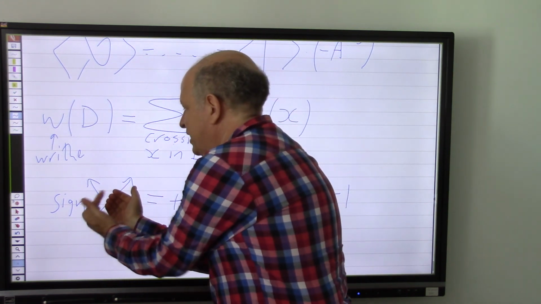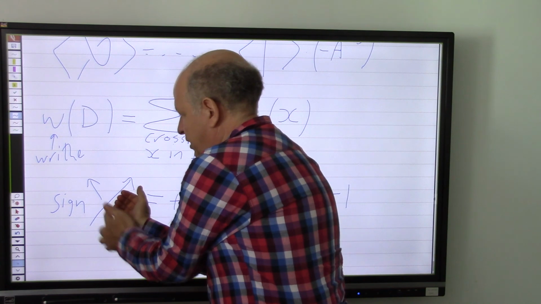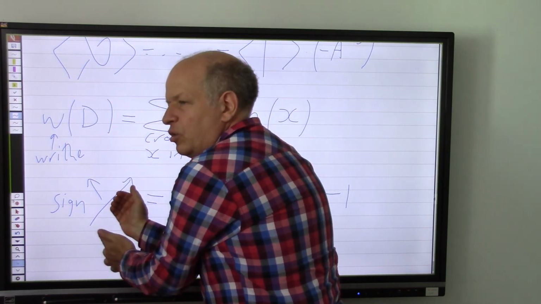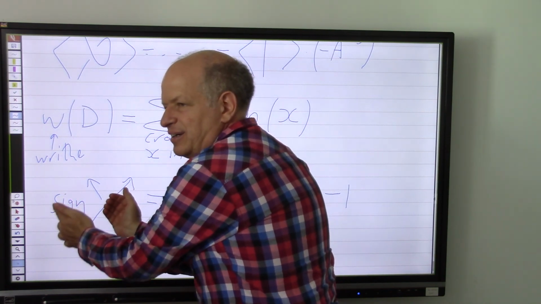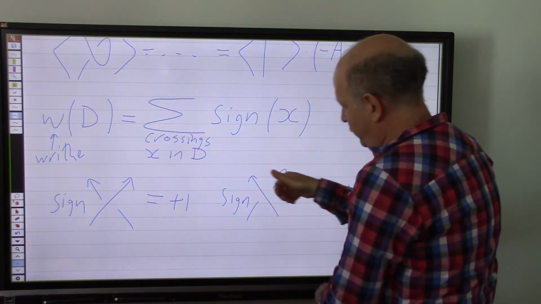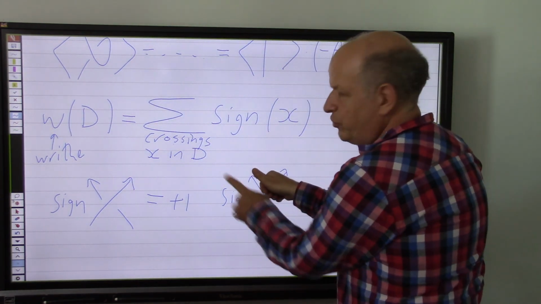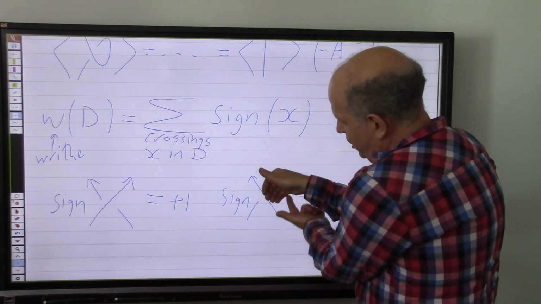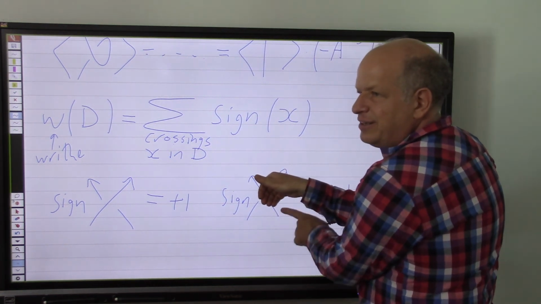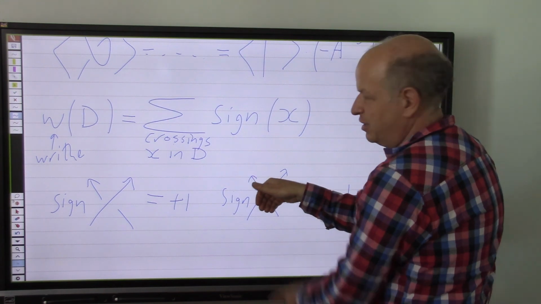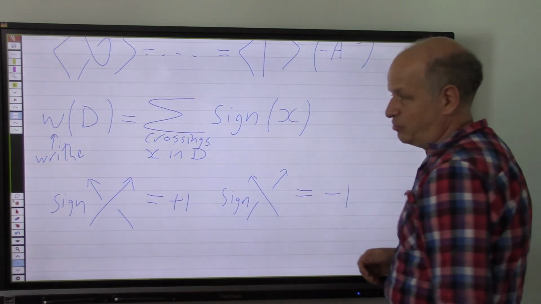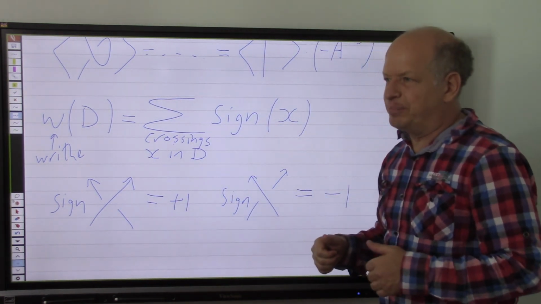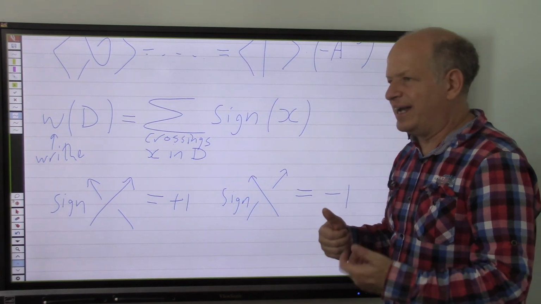And then your fingers point at the direction of the flow of the lower line. And over here, if you grab the upper strand with your right hand so that the thumb is pointing in the direction of the flow, your fingers will be pointing in the opposite direction. So that's a +1, that's a -1. And by the way, it doesn't matter which strand I grab.